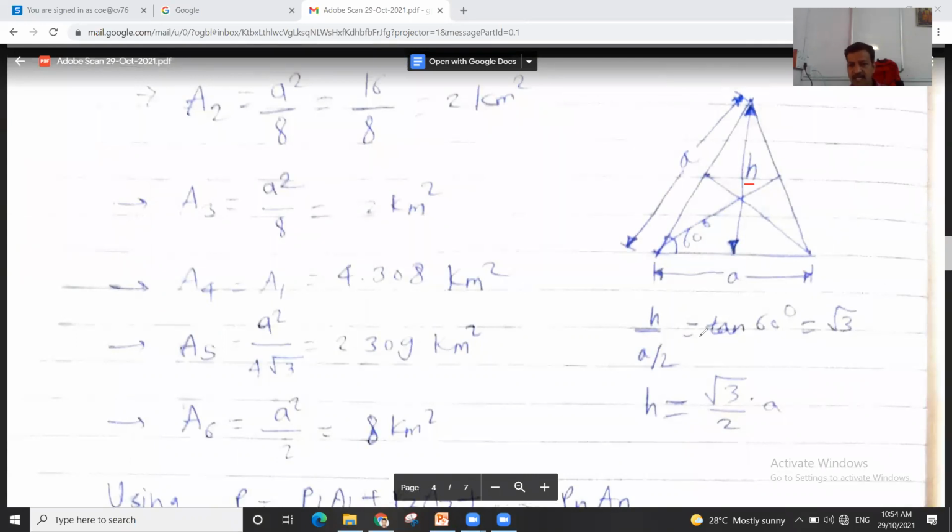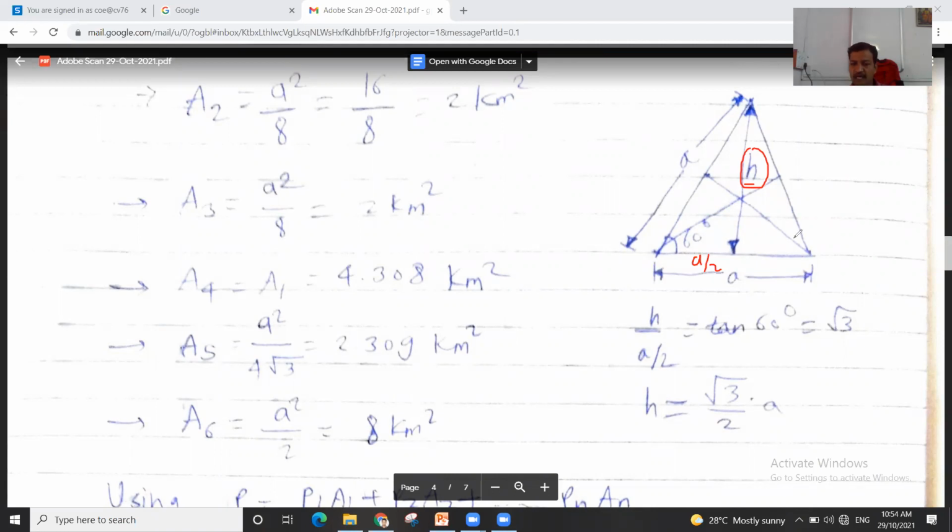Okay. Front side काय आहे h. Adjacent side is a by 2. a by 2 इथे घेतलेला आहे, हा h height. Okay. Then we get the value of h is root 3 by 2 into a.